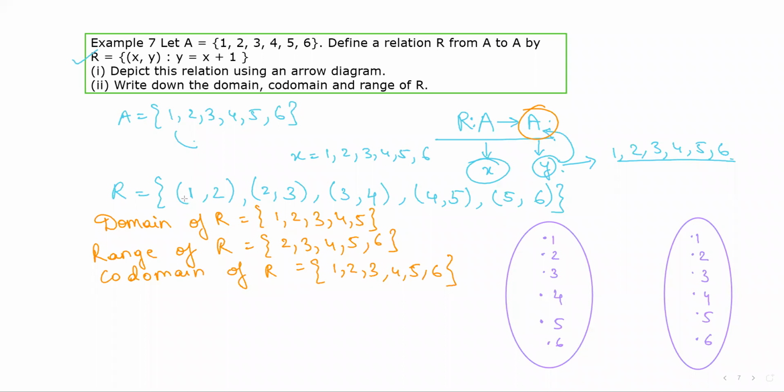Now, when X is equals to 1, Y is equals to 2. So 1 to 2. Similarly, when X is equals to 2, Y is equals to 3. When X is equals to 3, Y is equals to 4. 4 to 5. And 5 to 6. An arrow is to be placed on each of these lines pointing towards your codomain.